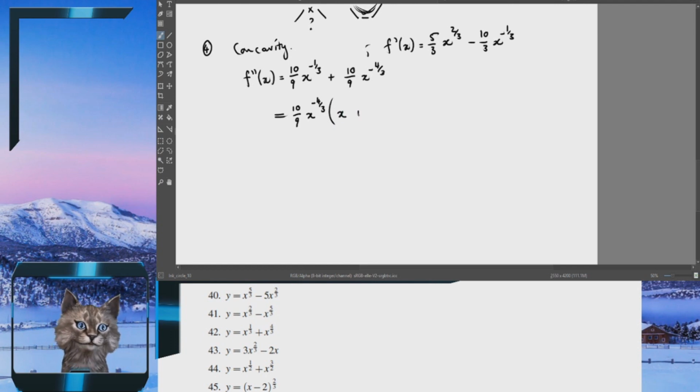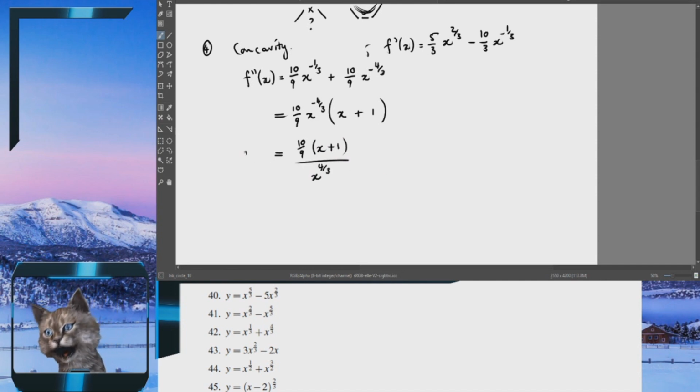I have, actually, x plus 1. And by doing that, I have a nice bracket here, easy to work with. So I have 10 over 9, x plus 1, x to the 4 over 3 in the denominator as my second derivative. So these ones are actually not bad at all.